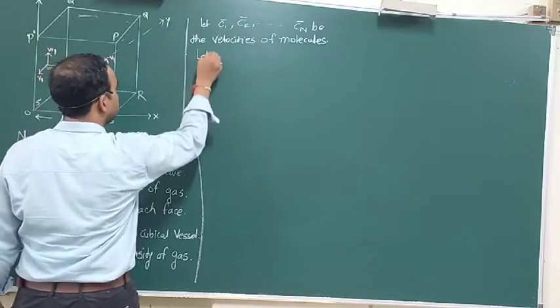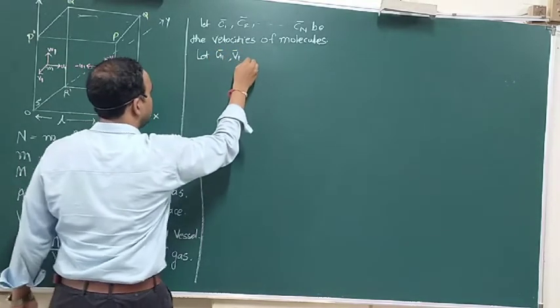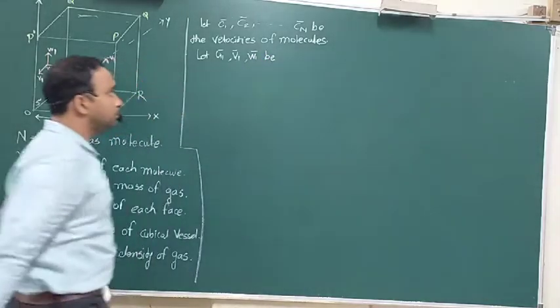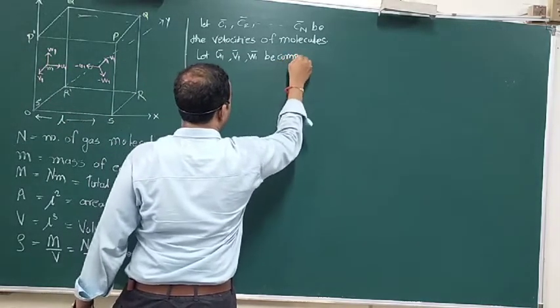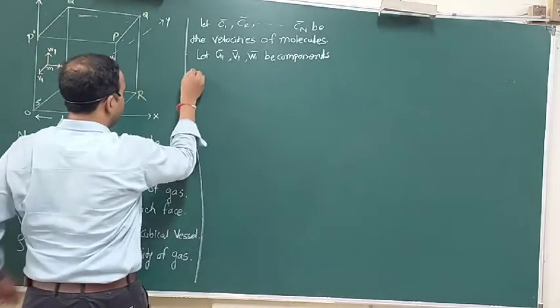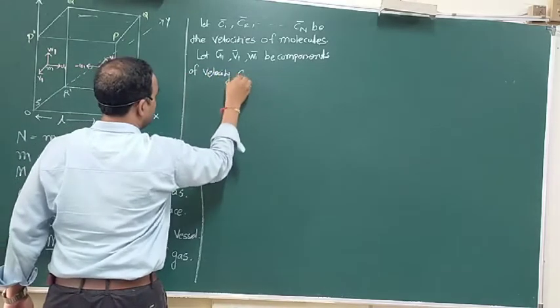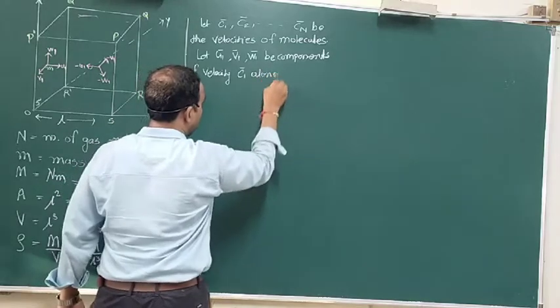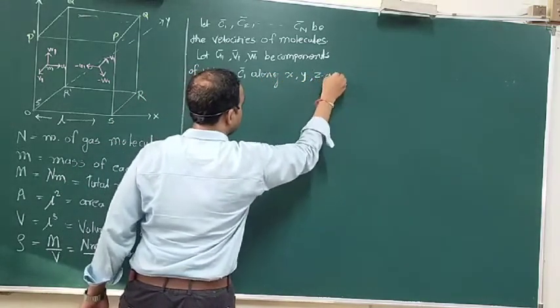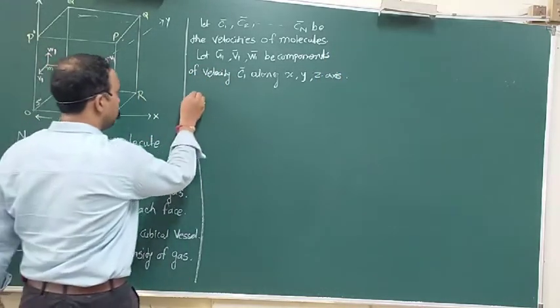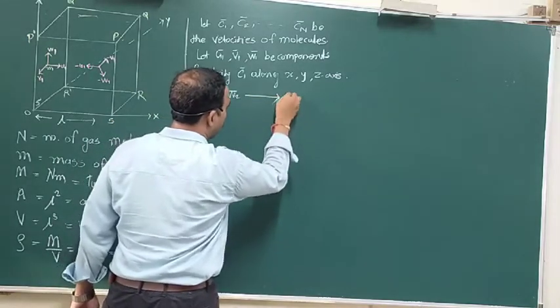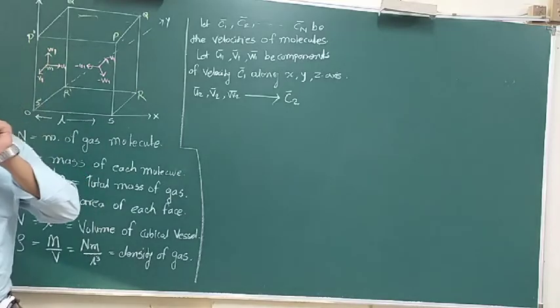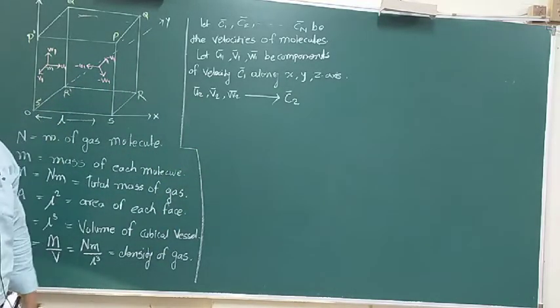Now let U1 bar, V1 bar and W1 bar be the components of velocity C1 bar, and U2 bar, V2 bar and W2 bar be the components of velocity C2 bar along the X, Y, Z axes respectively.